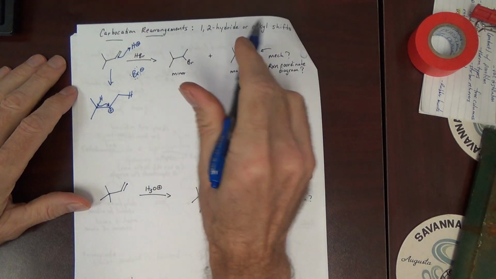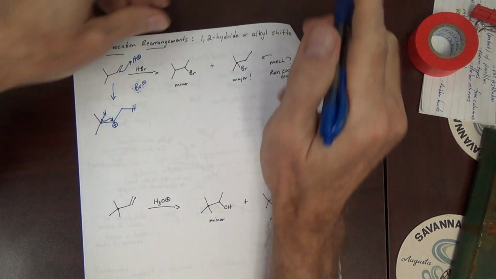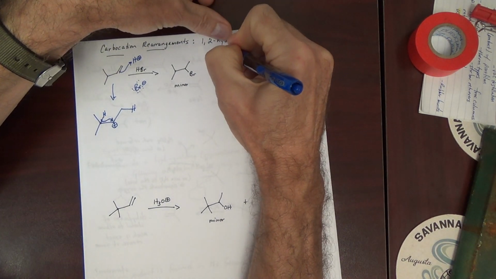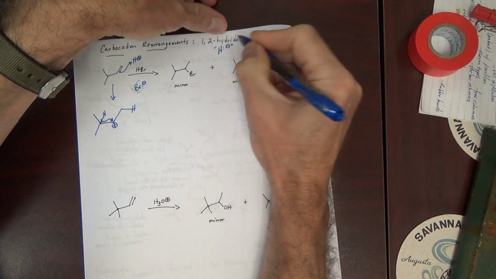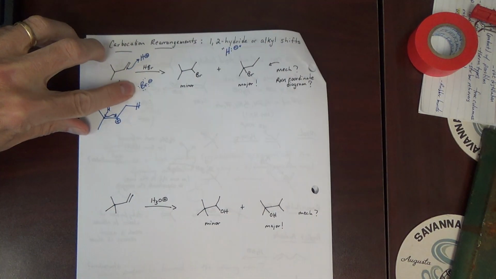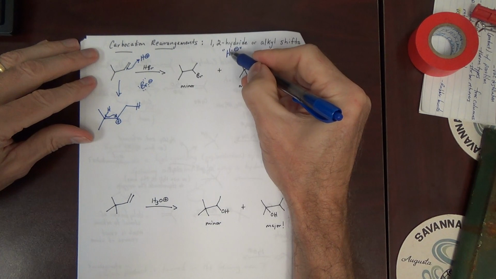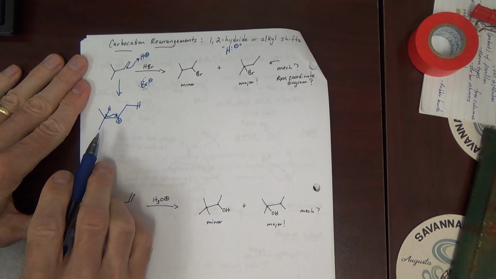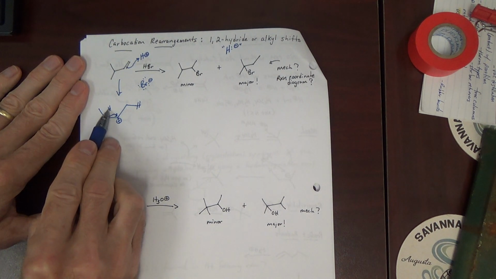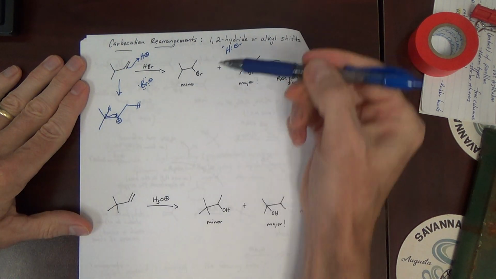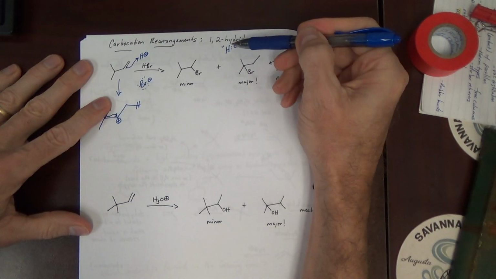This is called a hydride shift. Hydride is essentially H minus, like bromide. That's bromide. This is called hydride. And that's essentially what's moving, because the two electrons and the H nucleus are both moving over.